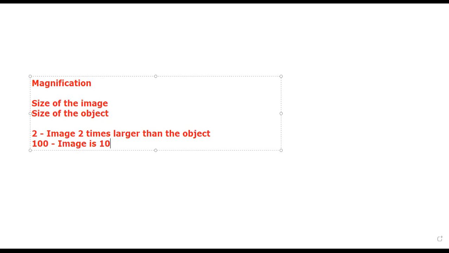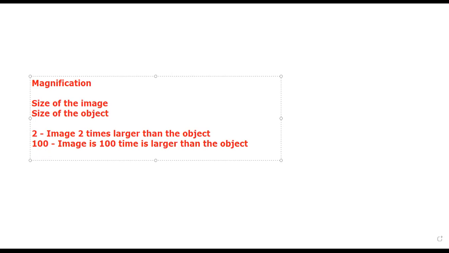Remember, when you are studying physics, you will also get values the other way, something like 0.5. That is, the image is 2 times smaller than the object. Understood?